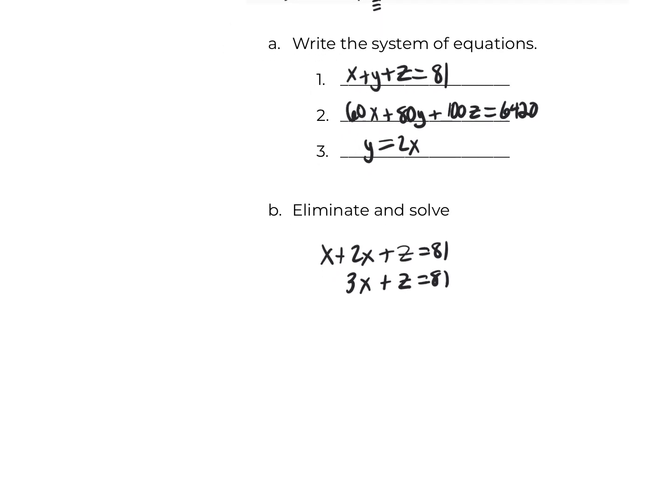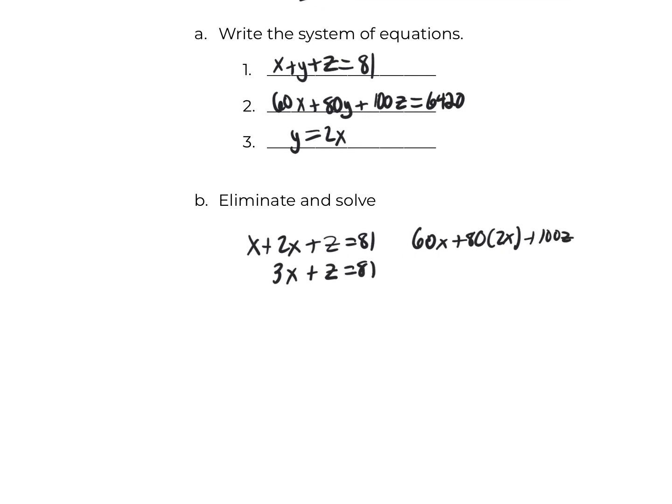So now I am going to take this next equation, 60x plus 80, and again plug in what y is equal to, which is 2x, plus 100z equals 6420, and 60x plus 160x plus 100z equals 6420.